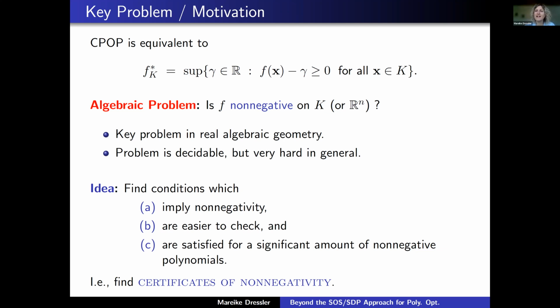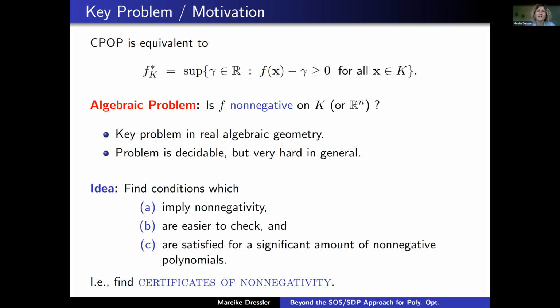And this algebraic problem is really a key challenge in real algebraic geometry dating back to the 19th century. You saw results by David Hilbert this week.